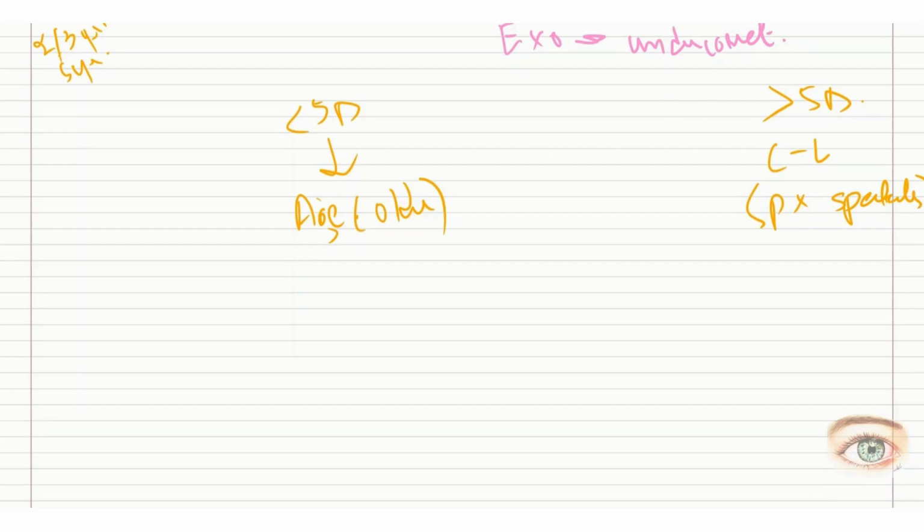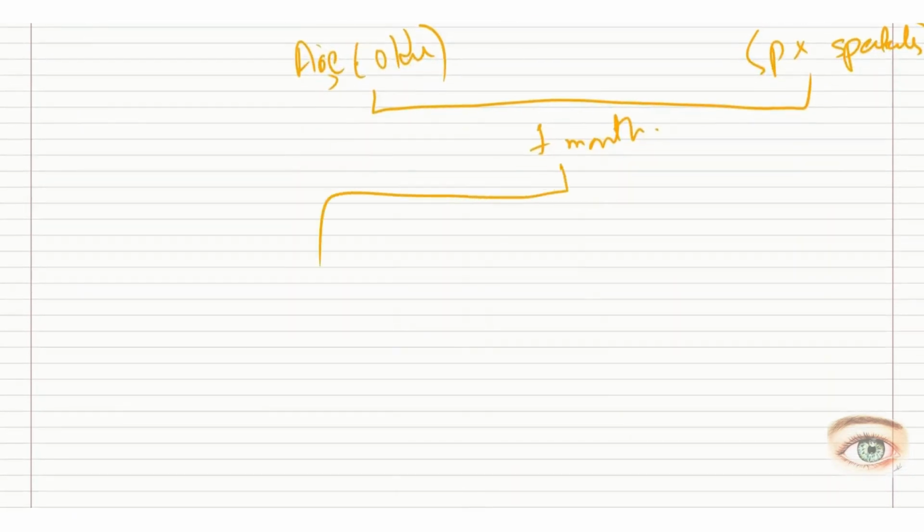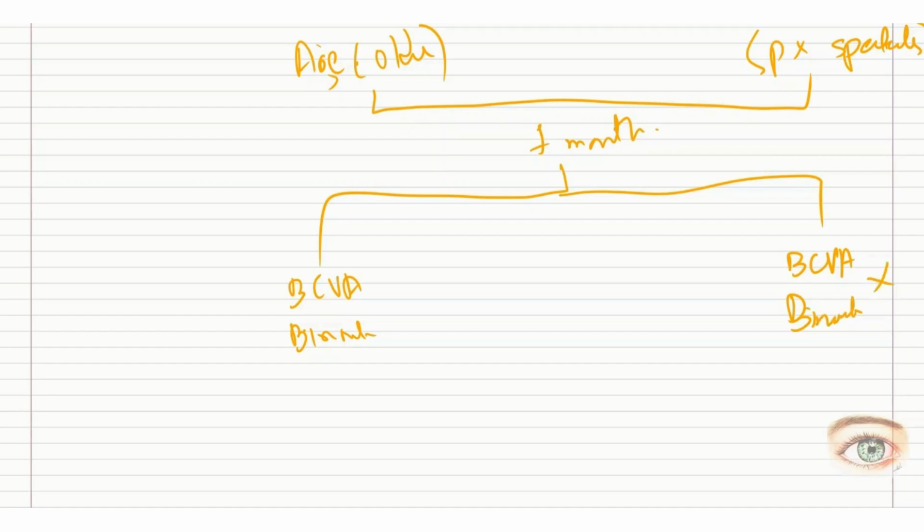So the initial follow-up will be after 1 month, and again BCVA and binocularity will be normal in hyperopia of less than 5 diopter, and it is going to be disturbed in the patient of more than 5 diopter, right?